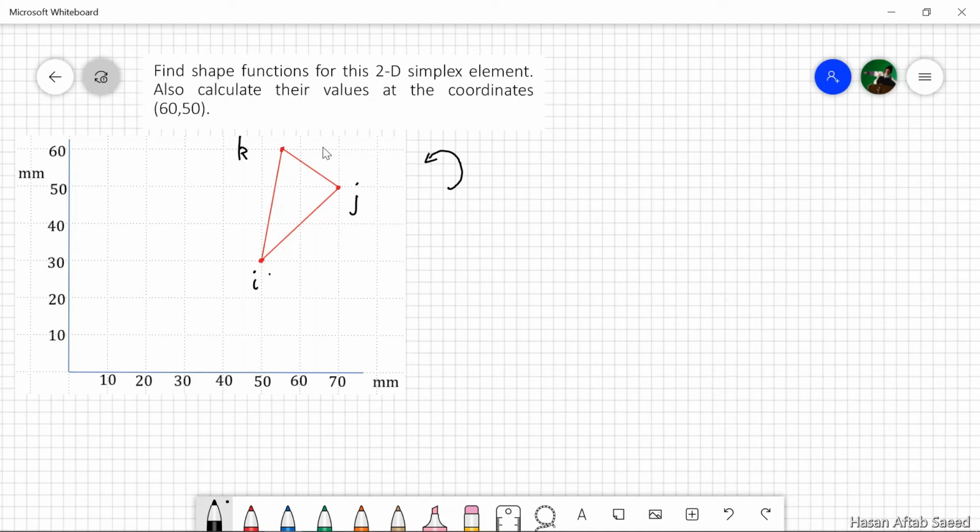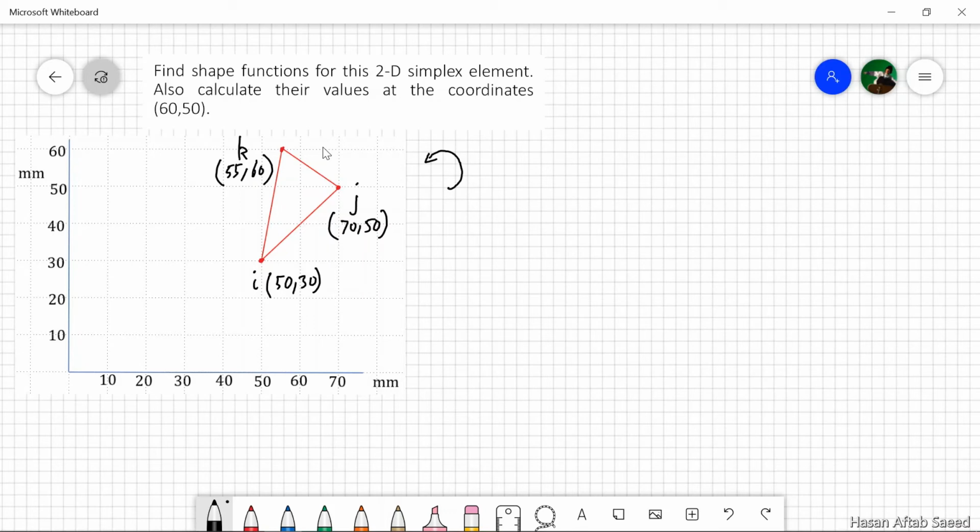So if this is I, then the coordinates are 50 and 30. For j, the coordinates are 70 and 50. For k, the coordinates are 55 and 60.